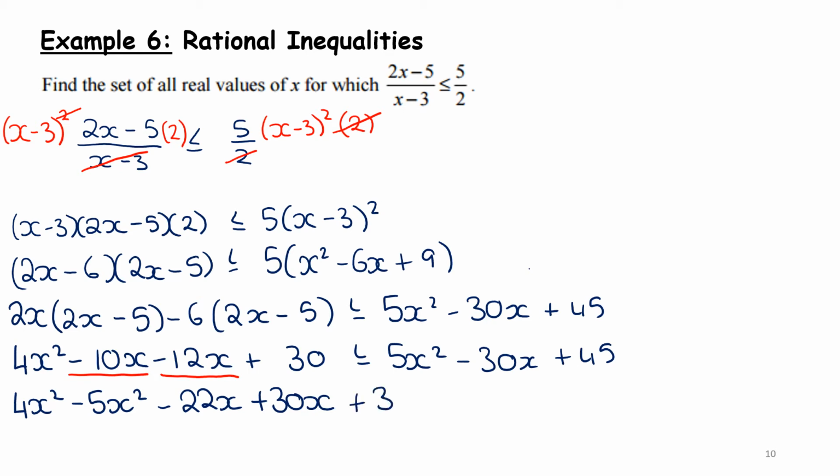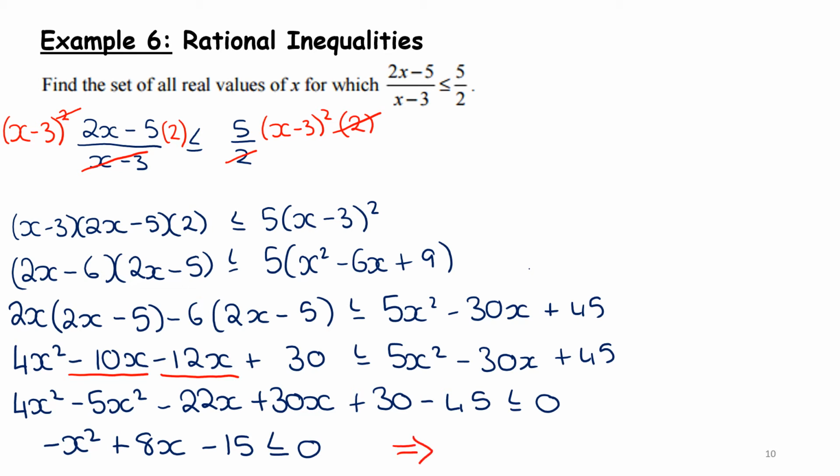I have plus 30 and I take away 45, it's less than or equal to 0. So we're aiming for that right hand side equal to 0. We get negative x squared plus 8x minus 15 is less than or equal to 0. Now, I don't work with negative quadratics, so let's change it to a positive quadratic.